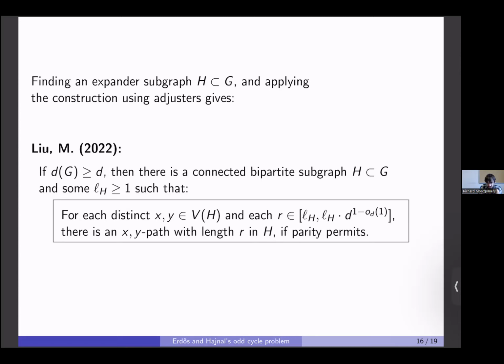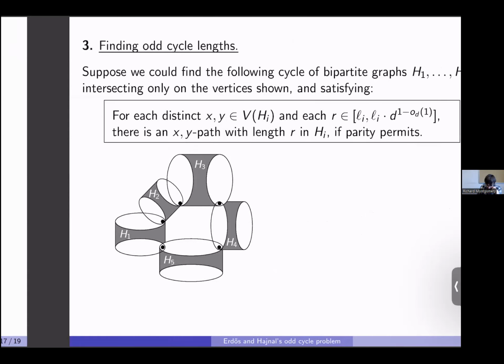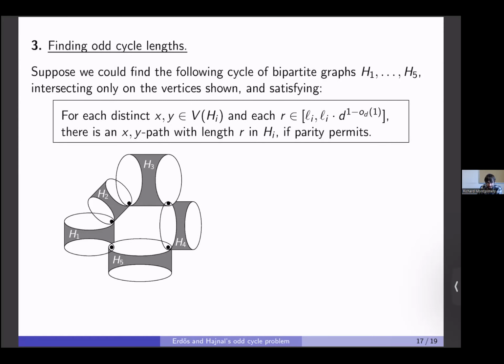So you want to take this and do something with it for the odd cycles. So here's what we do. Suppose you could find the following cycle of bipartite graphs, H1 to H5. So we want to repeatedly apply what I showed you in some way and find five bipartite subgraphs, H1 to H5, which intersect only on these vertices I have here, the small black circles, so that they each satisfy that condition.